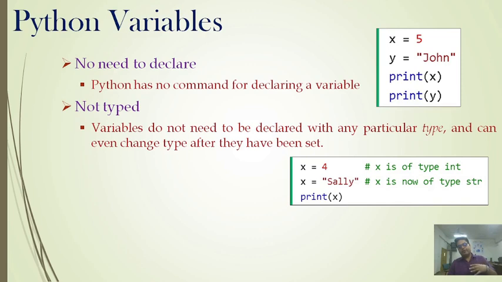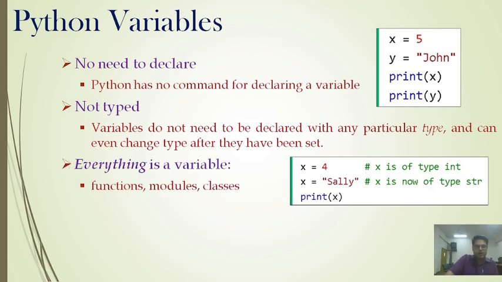If we call the print keyword to print the variable, it will print only the current value you have assigned. The previous value is 4 and the current value is Sally, so Sally will be printed on the console.